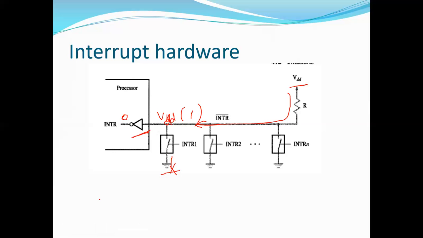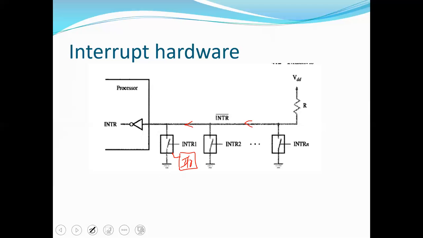Now, where are the input output devices? All the input output devices are connected via the switch to the interrupt request line.